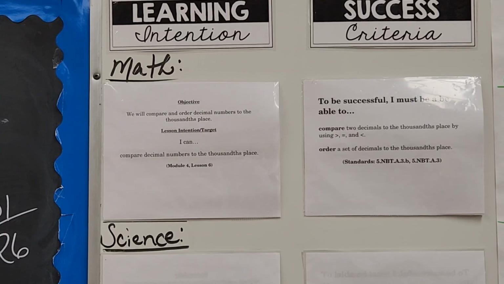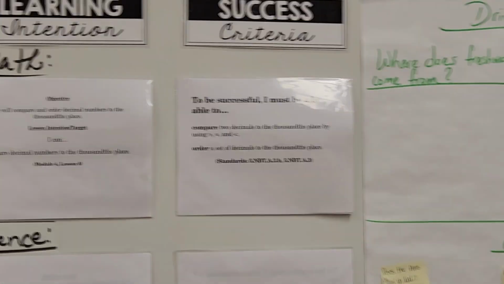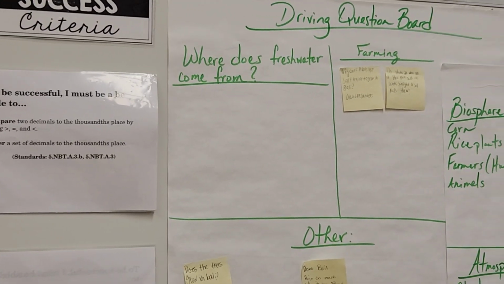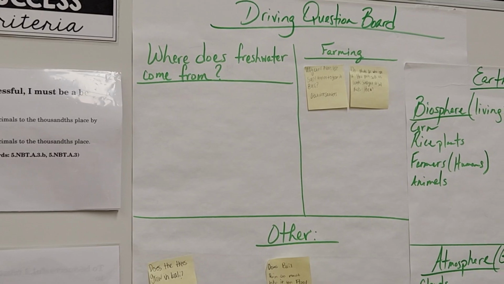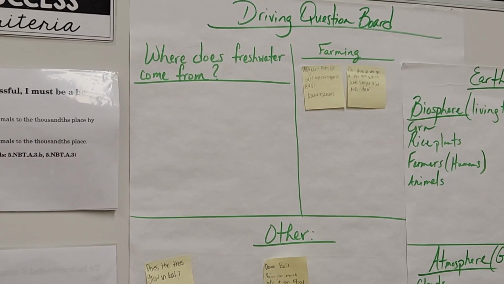All right. Next to that, I have my driving question board. Now, the driving question board goes with science. That comes straight from the curriculum. I have my topics. Those topics are what's covered under the concepts in the actual module.